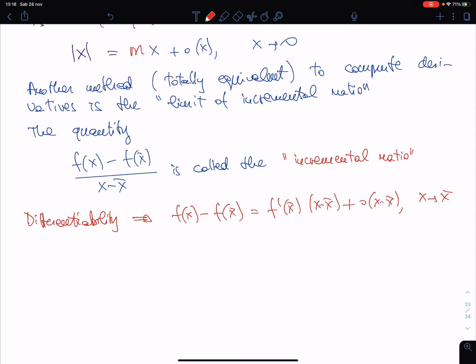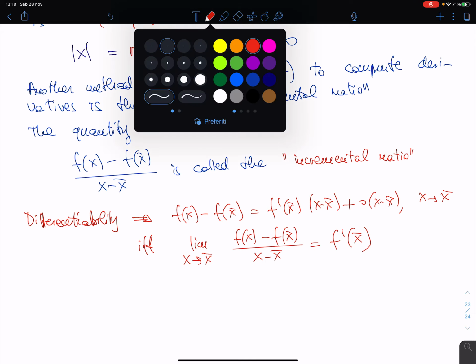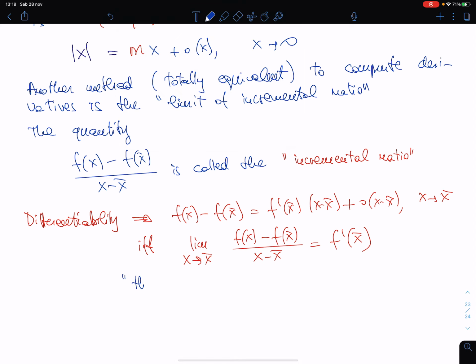And this is true if and only if the limit for x going to x bar of f of x minus f of x bar divided by x minus x bar is equal to f prime of x bar. Okay? So the derivative is the limit of the incremental ratio.